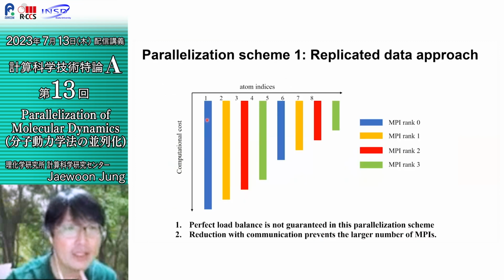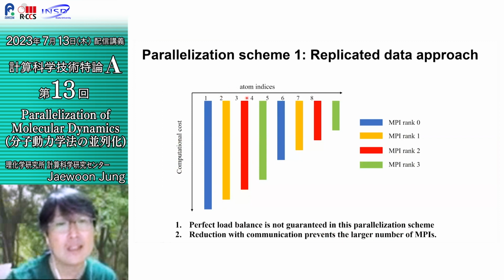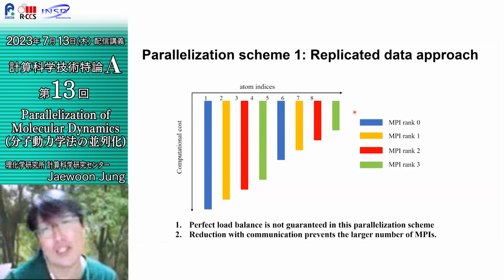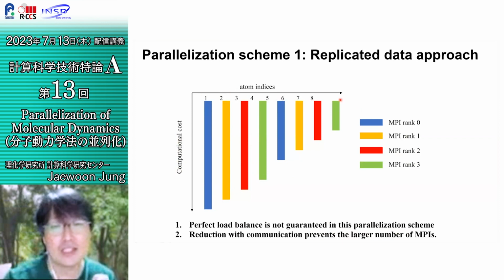So the first rank will have a very large computational cost, the second one will have a slightly reduced computational cost, and as the rank increases, the amount of work is reduced with increasing atom indices. Because of this situation, it is very difficult to obtain perfect load balance.